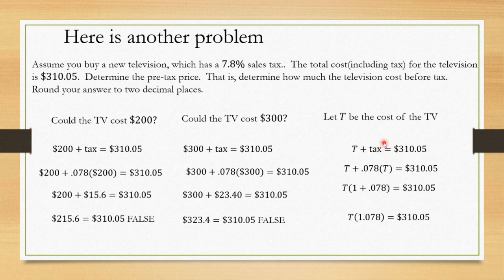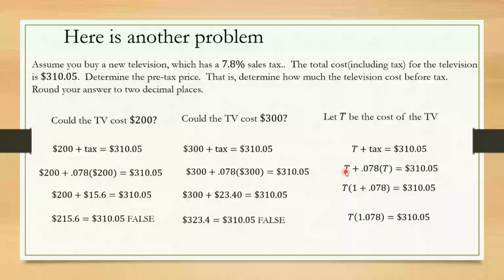That's 7.8% of the TV, of the cost of it. And as we saw before, by similar calculations in other examples, 7.8% of something is 0.078 times that something. Essentially, you're converting the percent to a decimal and multiplying.